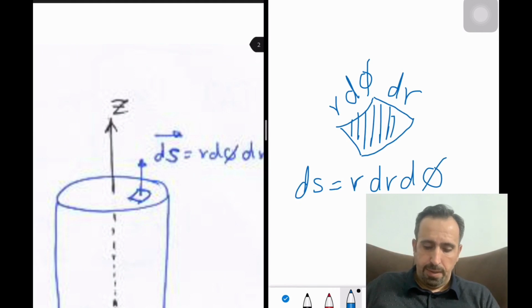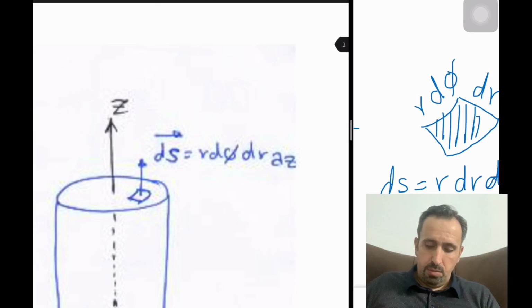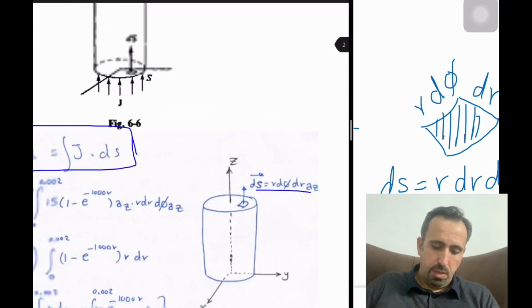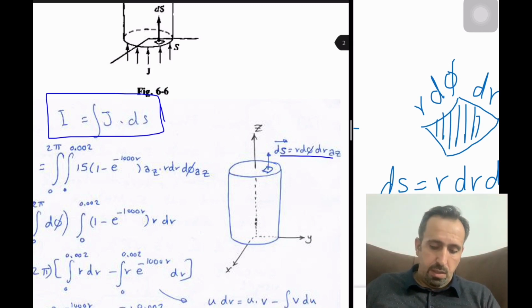It has been assumed like that, as can be seen here, and the direction is obviously upward, a_z.